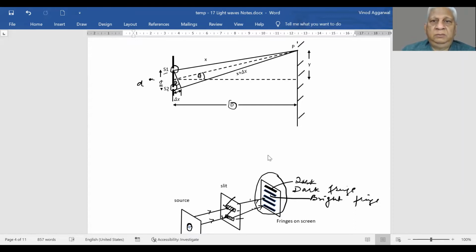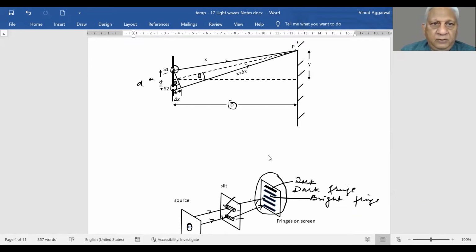Now let's see how the rays travel. This ray travels from S1 to P, let's say, and takes this path. There's another ray which travels from slit S2, reaching point P. Is one longer than the other?